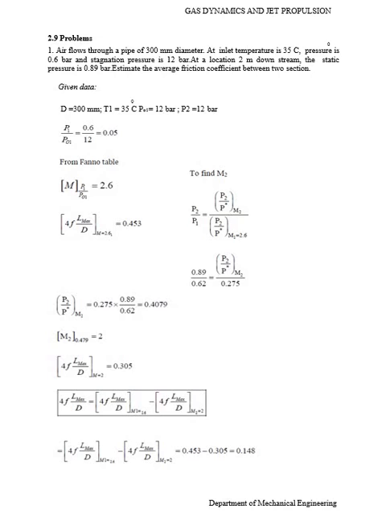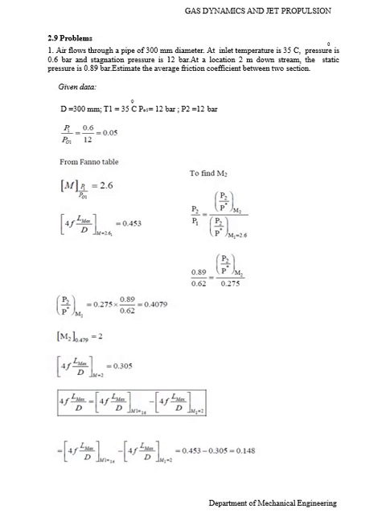Given data: D equal to 300 mm, T1 equal to 35 degrees Celsius, P01 equal to 12 bar, P1 equal to 0.6 bar and P2 equal to 0.89 bar. So P1 divided by P01 equal to 0.6 divided by 12 is equal to 0.05.